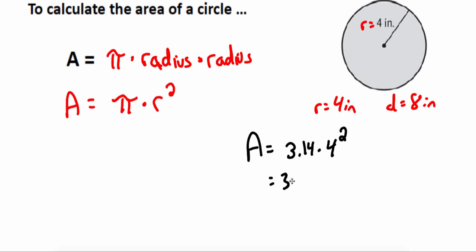Or, if you'd rather, you could do it as 3.14 times 4 times 4, because 4 times 4 is the same thing as 4 squared. So 3.14 times 4 to the second power gives me 50.24. This time it's area, so instead of inches, it's going to be inches squared, because you did inches times inches.